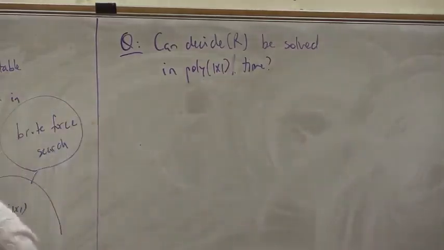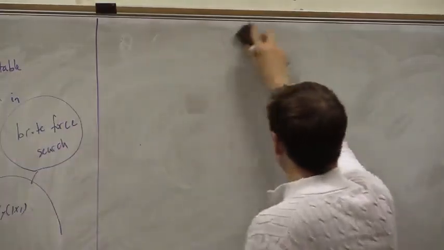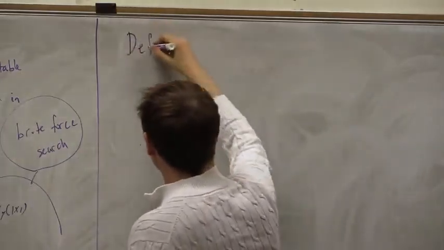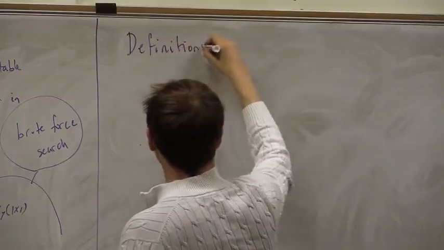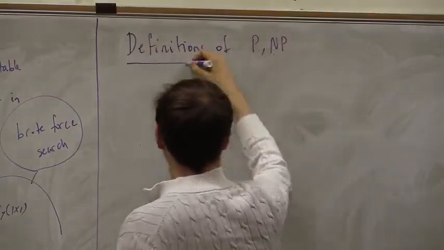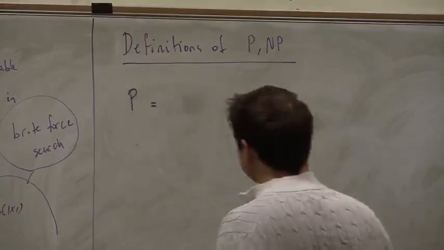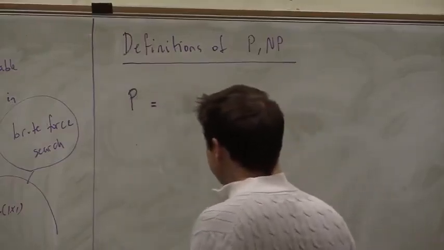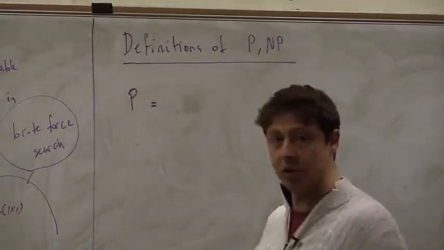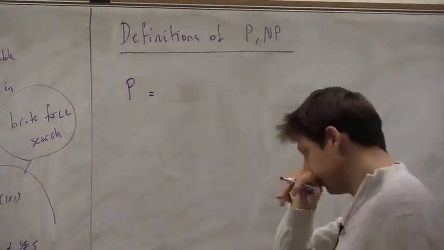You want to make space for that, so I'm going to cancel this question. So now we arrive to the definitions of P and NP. So we're going to say that P is a complexity class. What is a complexity class? It is a set of computational problems. Now for us, in this lecture, a computational problem is a relation.